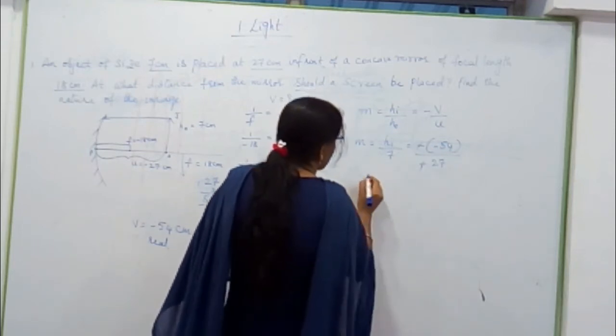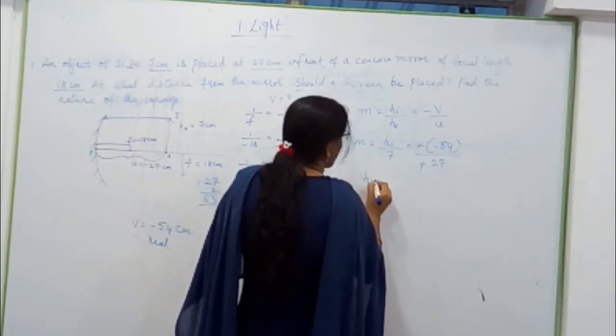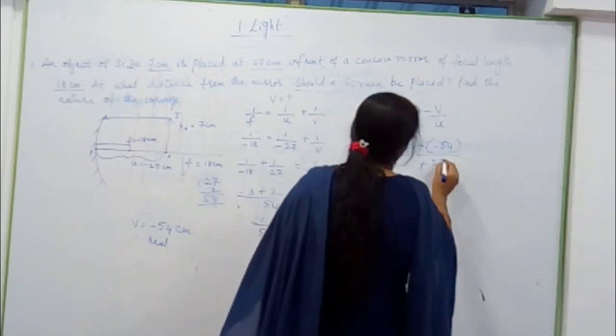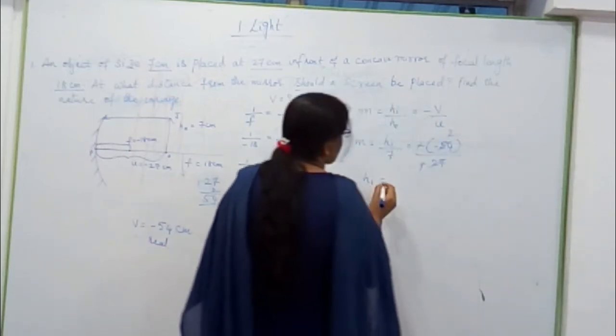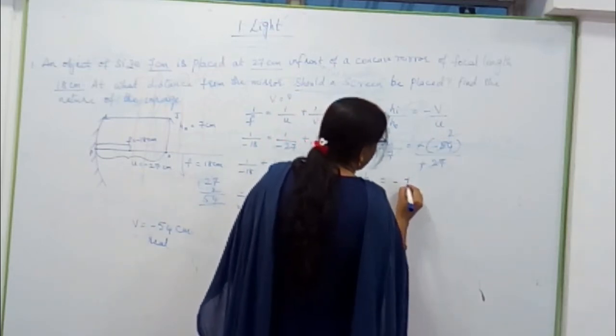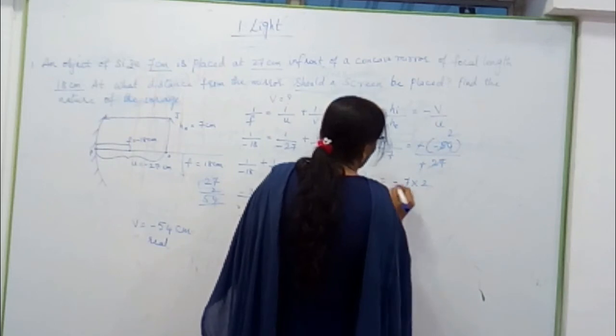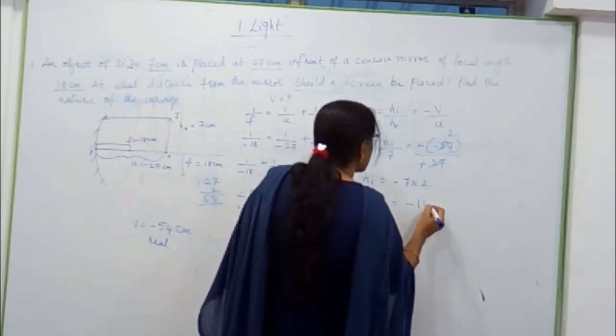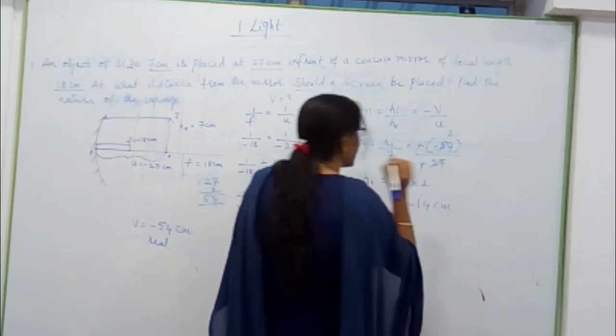Minus cancels. 54 by 27 is 2. Cross multiply: 7 into 2. Therefore, Hi equal to minus 14 centimeters.